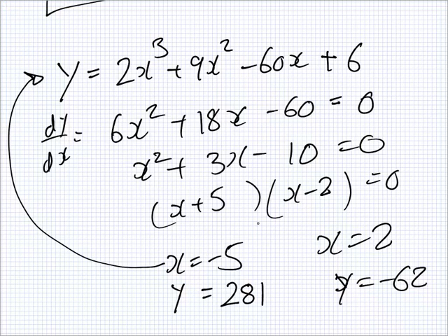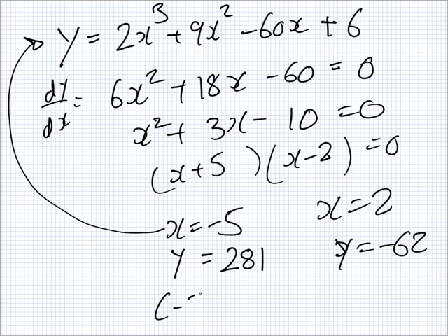Now, you could probably have a guess at which is the maximum from looking at the two answers. So the first answer is minus 5 and 281, and 2 and minus 62.